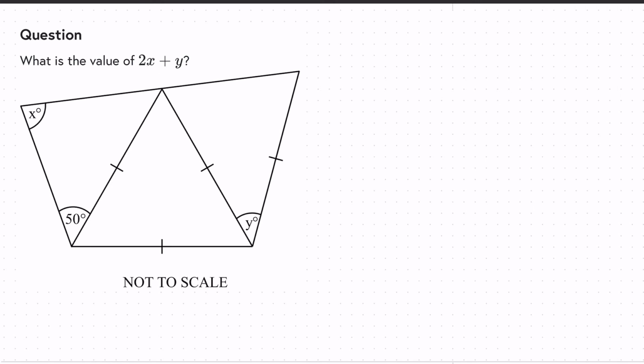In this next question, I'm immediately struck by not knowing how on earth I'm going to get to 2x plus 2. But instead of starting at the end, what I'm going to do is use the information I have to give me as much extra information as I can. And what do I know? Well, I know that the interior angles of a quadrilateral add up to 360.